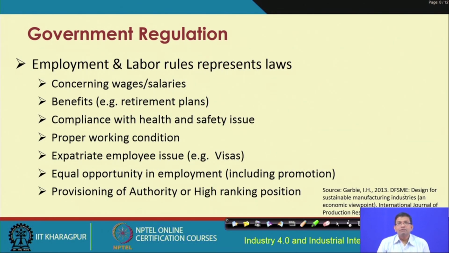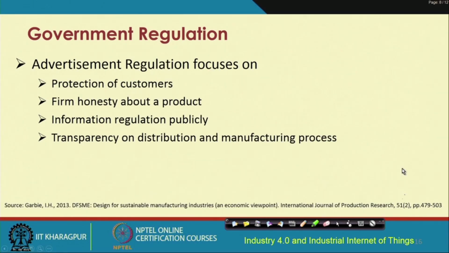So, these are different types of classes of regulations that are typically there in any industry.